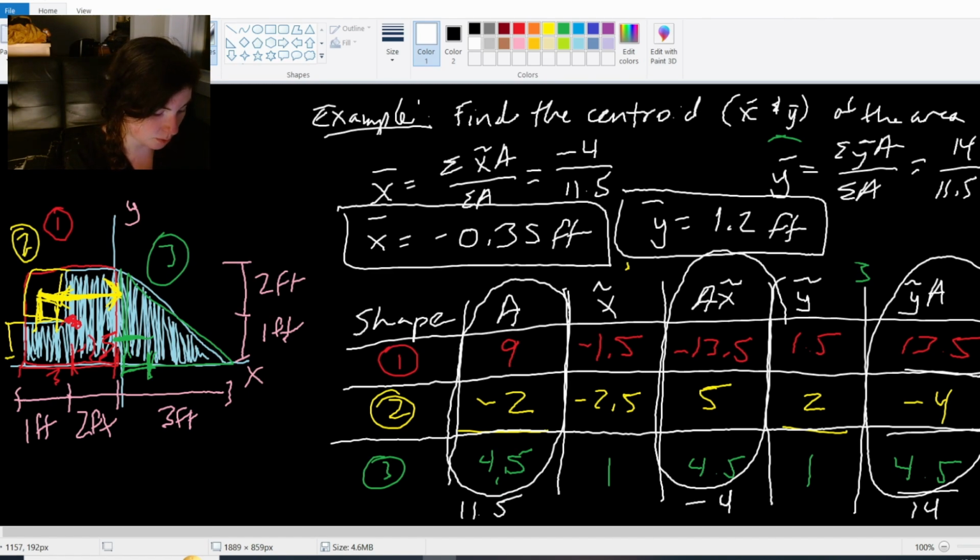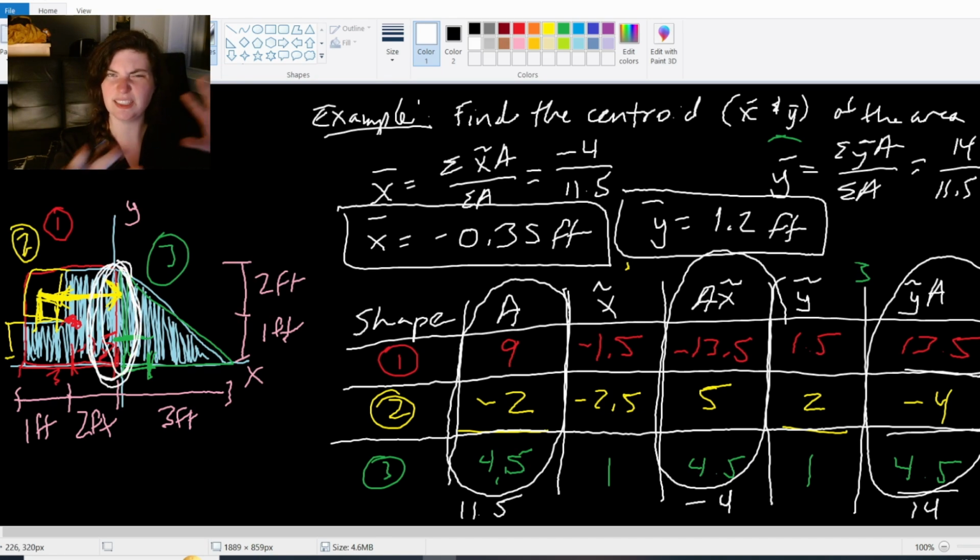We expected it to be somewhere near the y-axis, kind of balanced on both sides, but skewing a little bit more on the negative x side. And with a y centroid of 1.2 feet, that totally makes sense. Having a y centroid somewhere in here, not too far up, it's going to be a positive y.